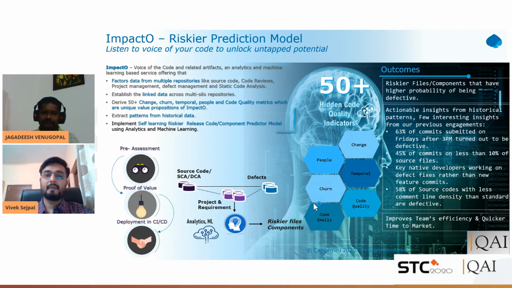So for any incoming changes or any component which is a part of our source code, all such features will be available to us. A machine learning model is trained based on the historical patterns and historical data available around all of this, and we try to come up with a prediction for riskier files and components. These riskier files and components can be considered hotspots where a lot of activity is happening, or which our model has identified as riskier compared to the others.